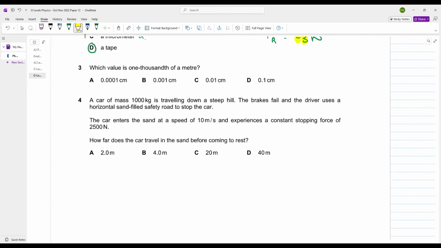Okay, which value is 1,000th of a meter? What is 1,000th of a meter? 1 divided by 1,000 meter, that is equal to 0.001 meters.